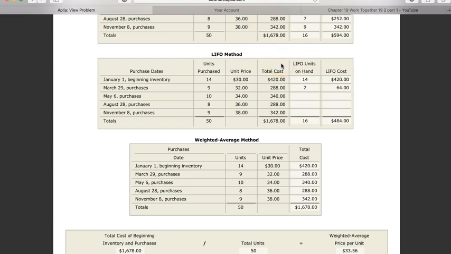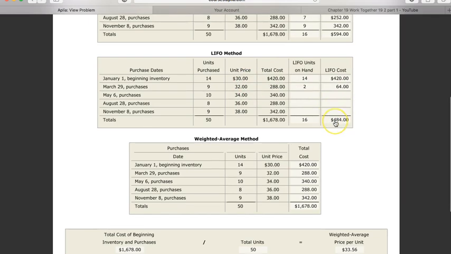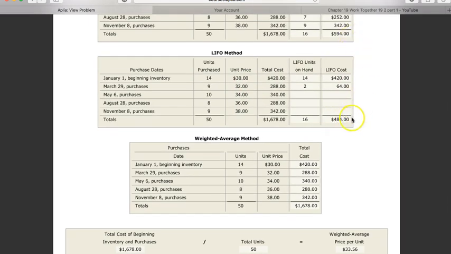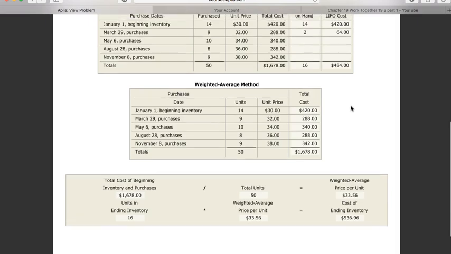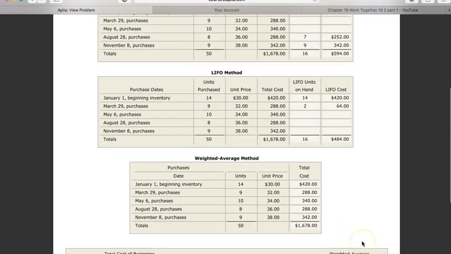In the LIFO method, you're calculating your cost of ending inventory by earlier prices, so it's cheaper. And then obviously the weighted average is going to be in between because we're taking the average, so that's $536.96.